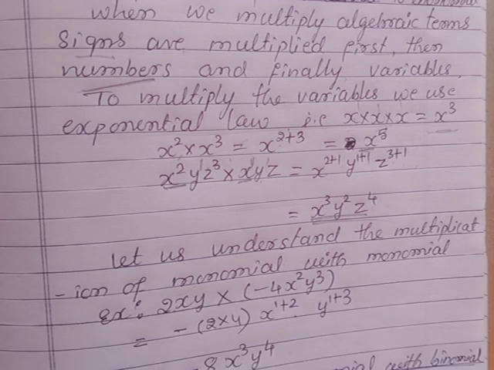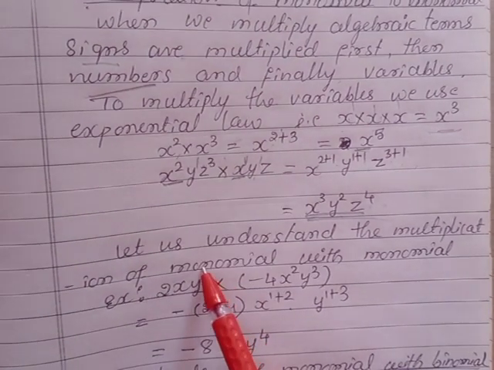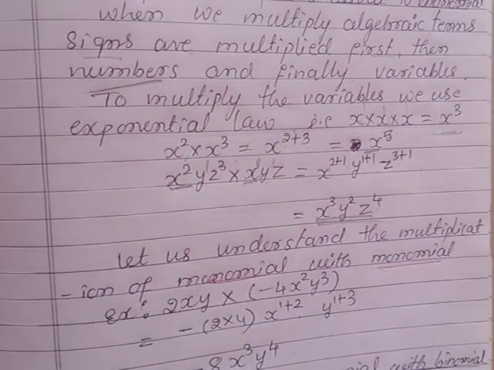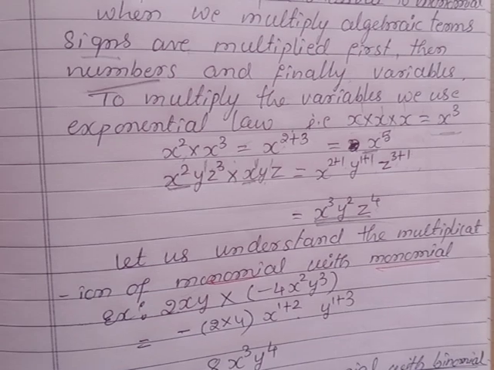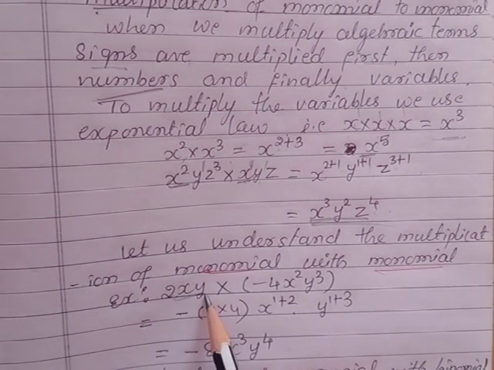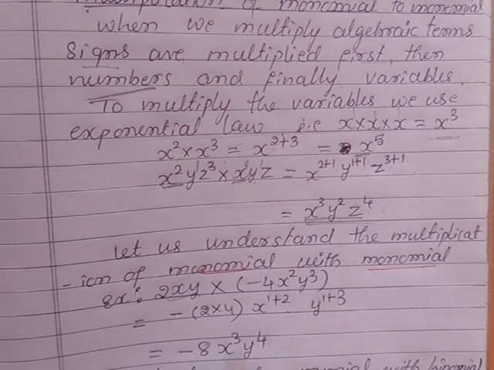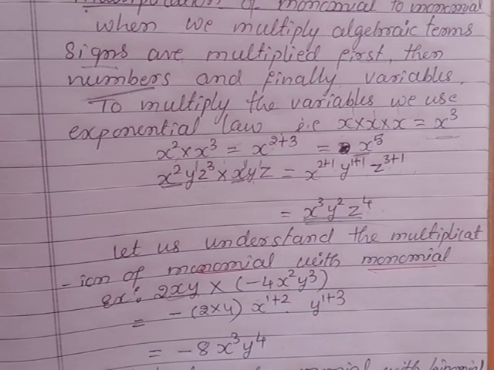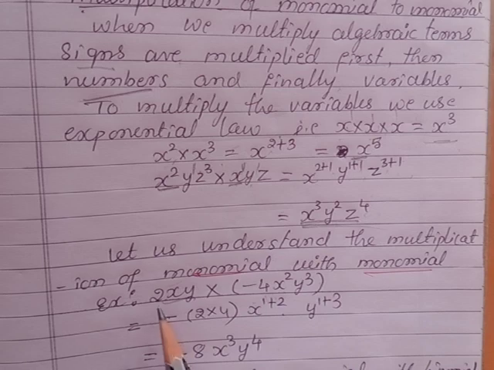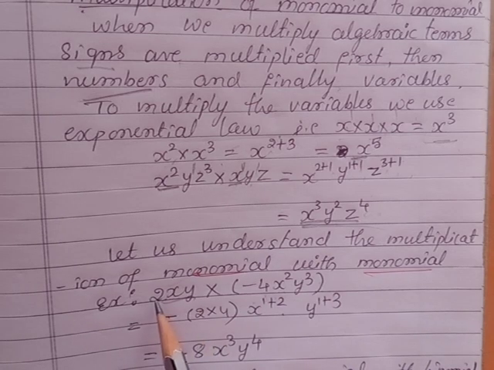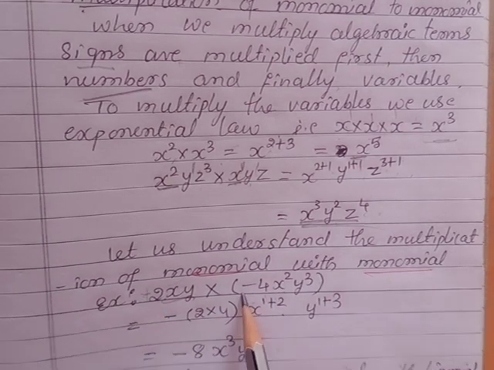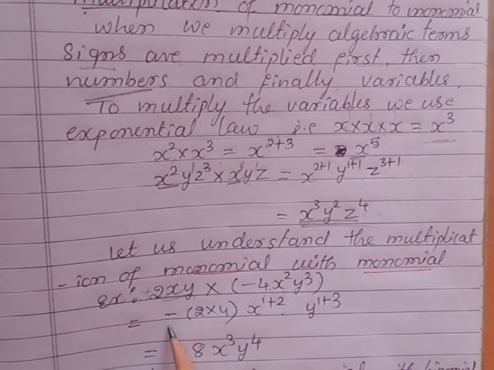So now let us understand how to multiply a monomial with a monomial. Here I took 2xy as one monomial and minus 4x square y cube as one more. I already said signs should be multiplied first. Here plus is there, here minus is there, plus into minus is minus.